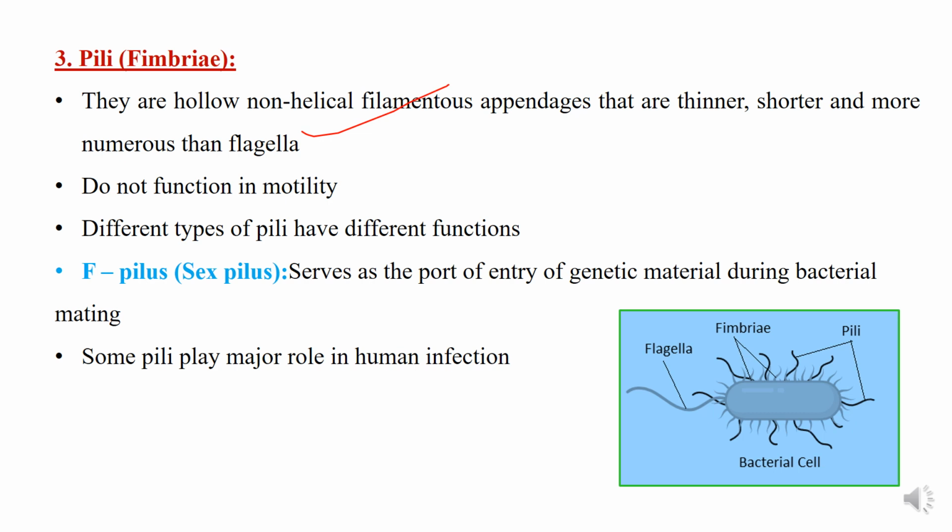Like the F pilus, that is the sex pilus, which serves as an entry point for the movement of genetic material during bacterial mating. And some pili play a major role in human infection, for attachment of the bacteria to human cells. These pili also play a very important role.